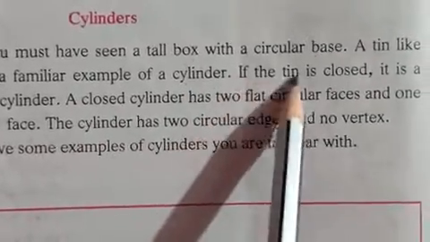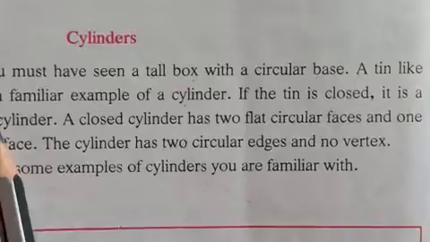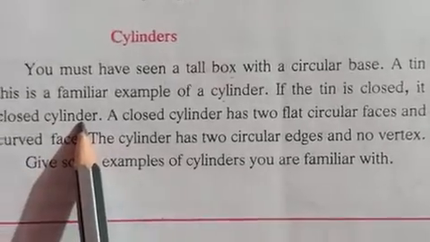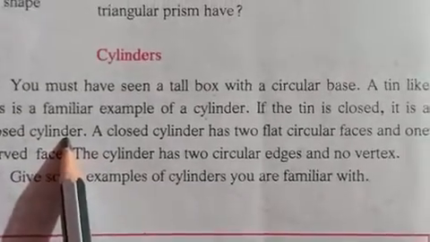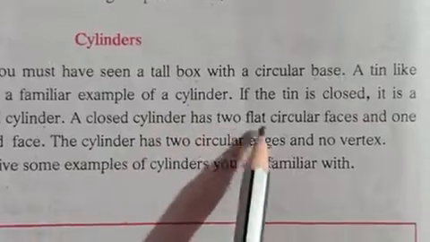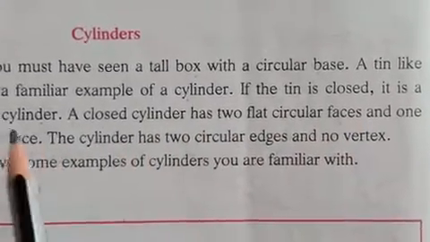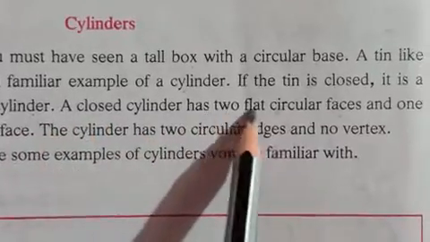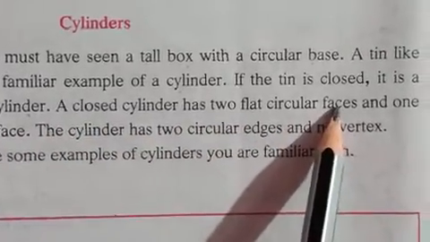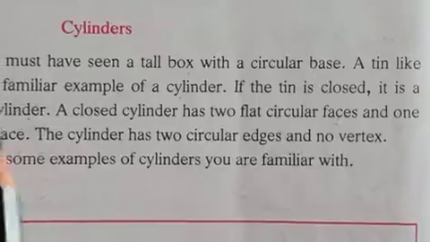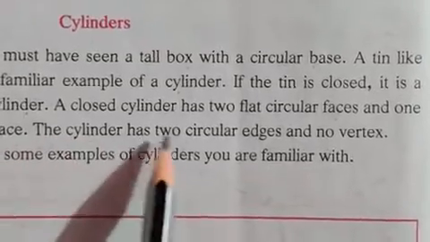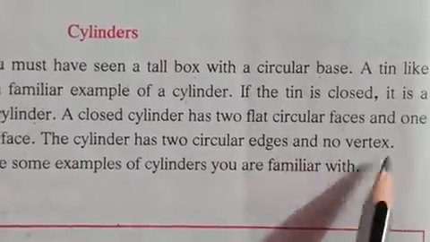If the tin is closed, then it is a closed cylinder. A closed cylinder has 2 flat circular faces. जब उसका टैप बंद रहता है, then it is a closed cylinder और उसका flat circular face रहता है. And 1 curved face. The cylinder has 2 circular edges and no vertex.